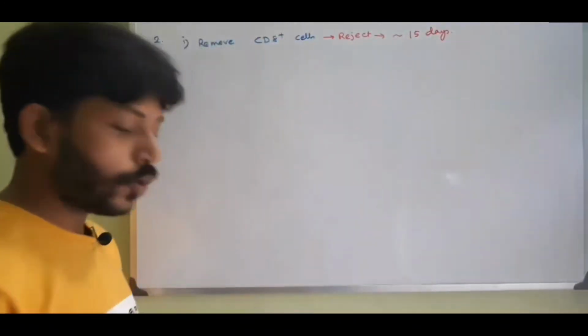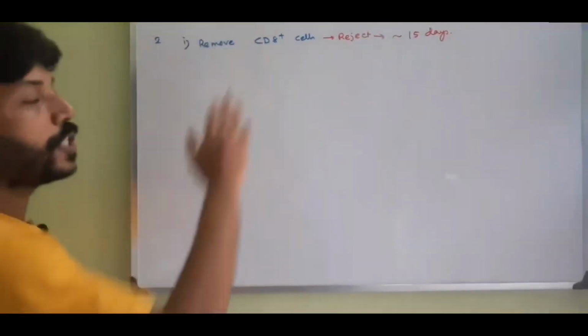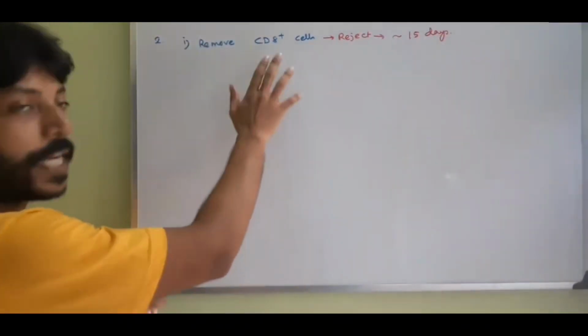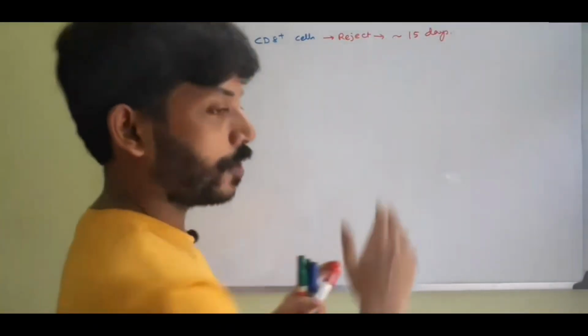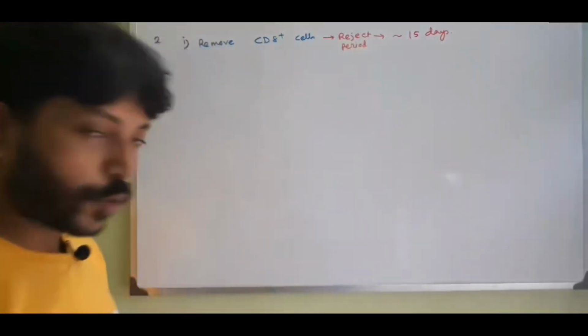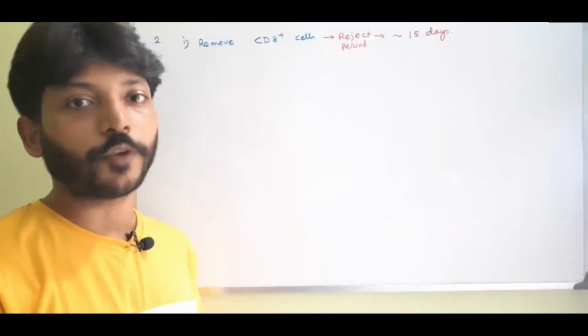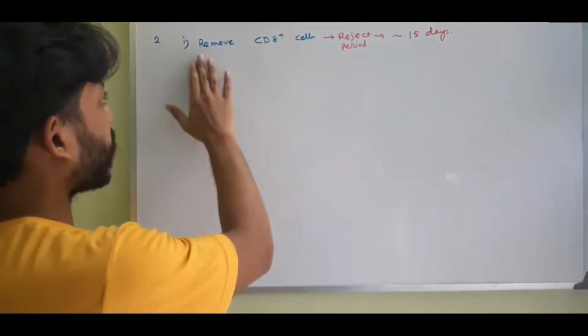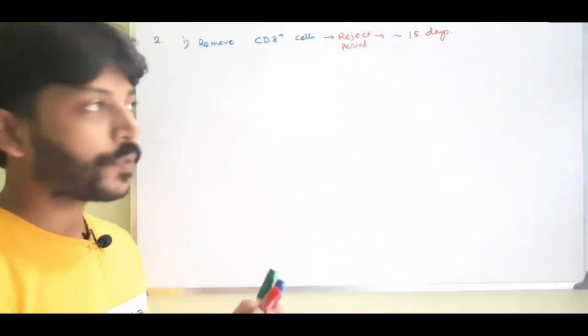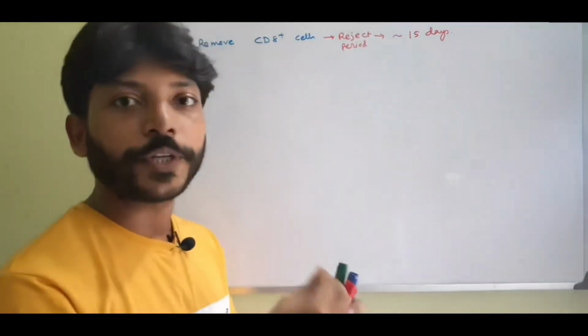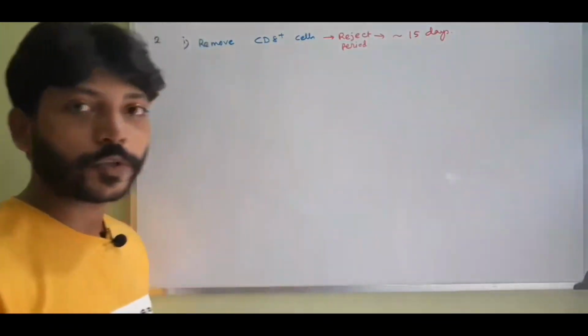So there is no change when there are no CD8 cells. After removal of CD8 cells, there is no change in the rejection period, because in the normal case the first set rejection requires 12 to 14 days, and here the mice show about the same rejection period.